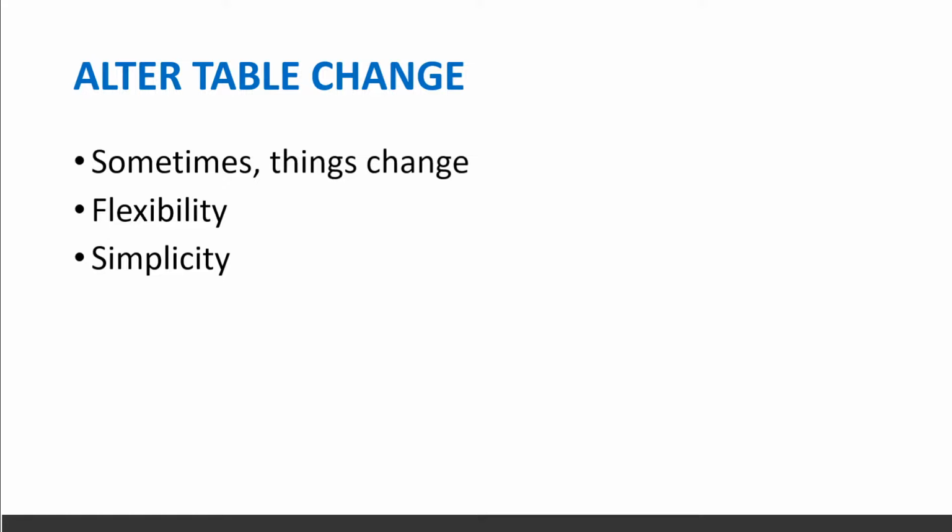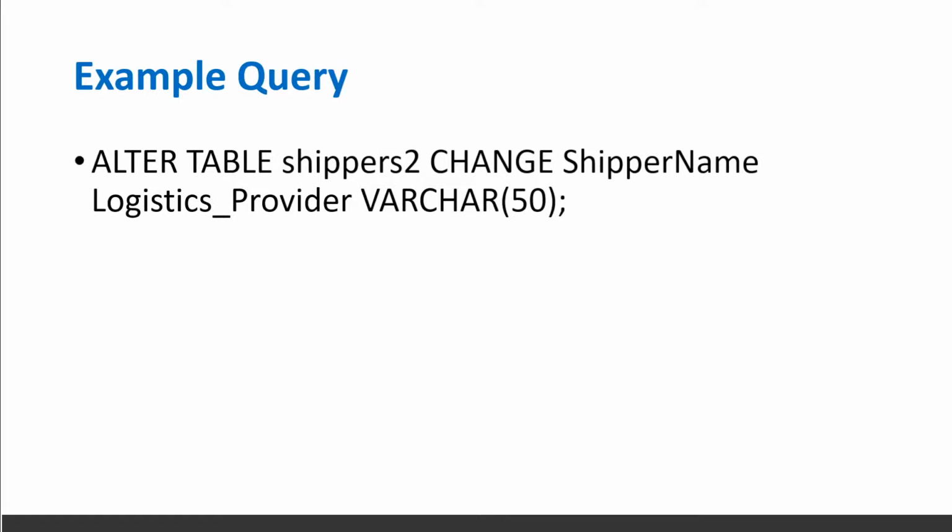Two is for flexibility, and three is for simplicity, just to make things easier to remember and work with. So we can look at it this way: alter table, whichever table we are altering, we are going to change whichever column, old name, new name. And this is also a good time where, if we want to change the data type of that column, we can change that here as well.